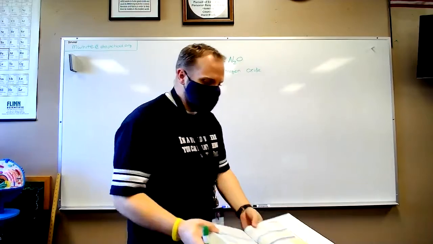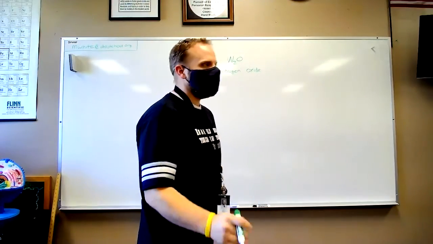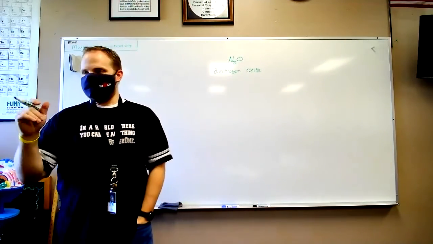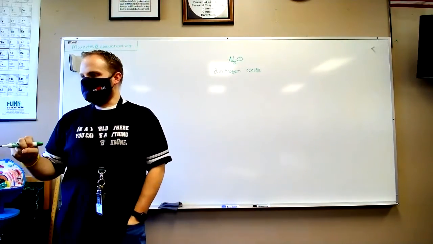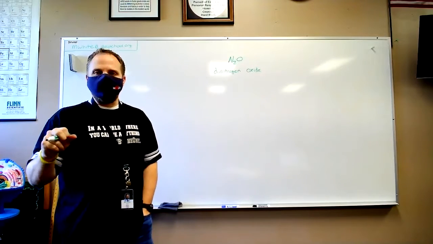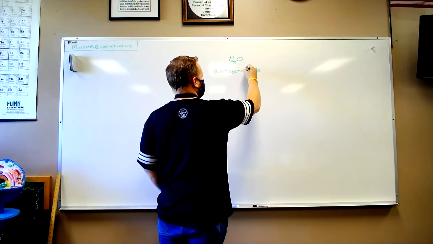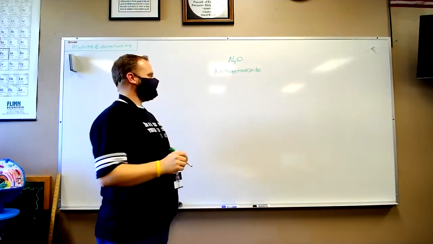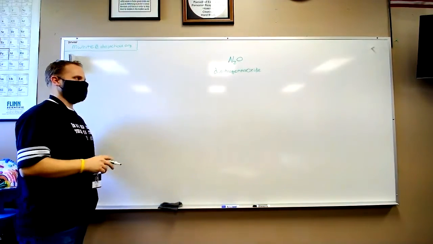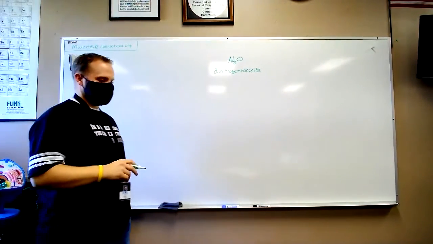Mono. Now we do eliminate the O. We don't want double O's just because that's kind of awkward to say. So we don't say monooxide. We eliminate one of them and just say monoxide. So that is dinitrogen monoxide.